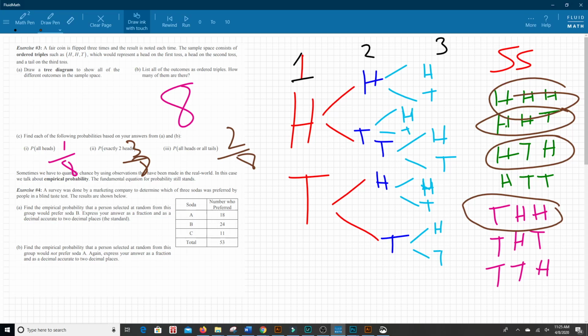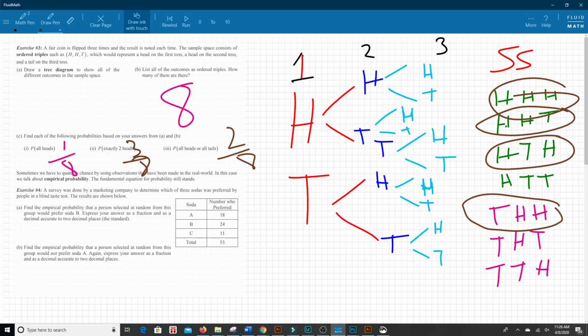A survey was done by a marketing company to determine which of 3 sodas was preferred by people in a blind taste test. The results are shown below.